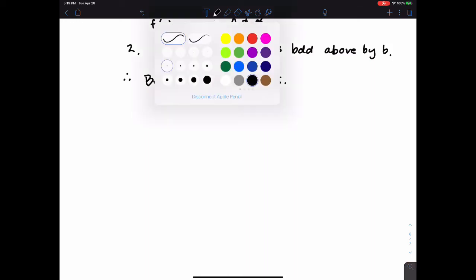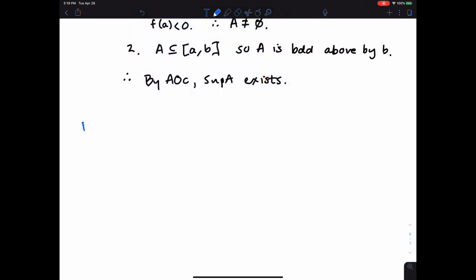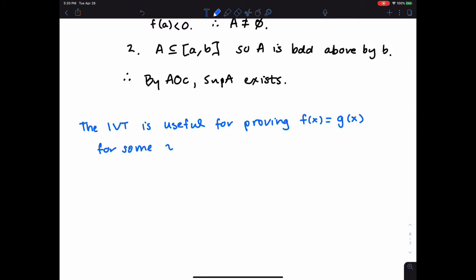So the IVT is useful for proving f of x equals g of x for some x when f and g are continuous.